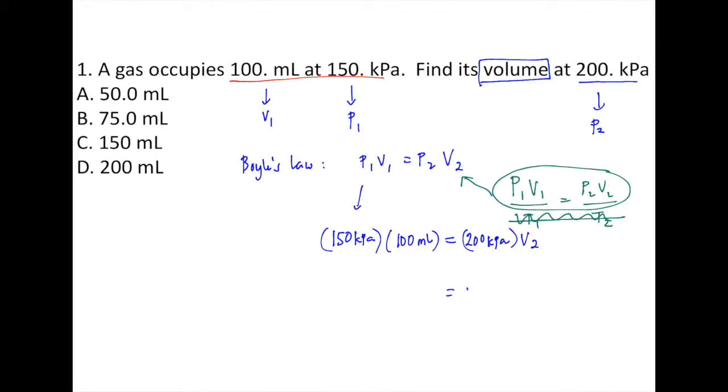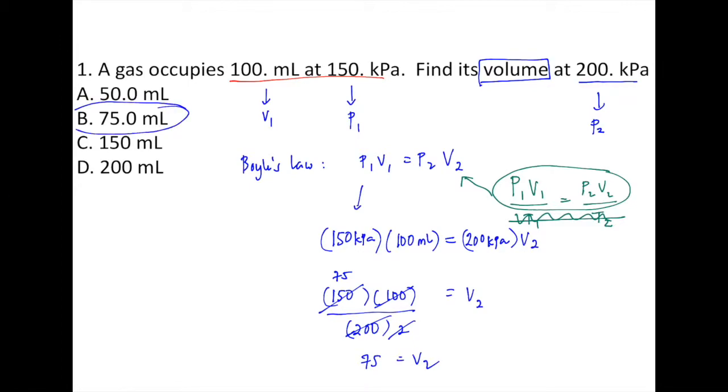Solving now for V2, that is 150 multiplied by 100 over 200. Simplifying, this will become 2, 150 divided by 2, and therefore we have 75. Therefore, the volume 2 here is letter B, 75 ml.